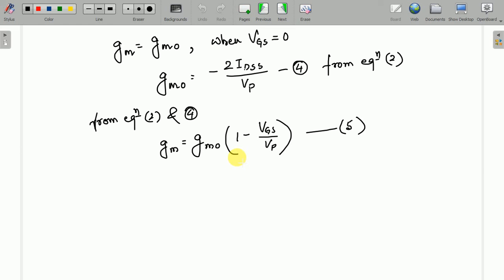So we obtained the parameters of JFET in this particular lecture. Thank you very much.